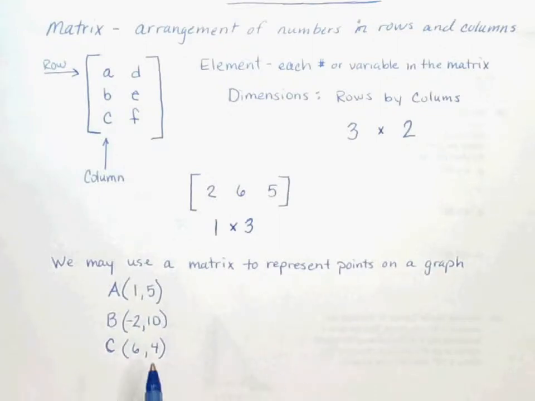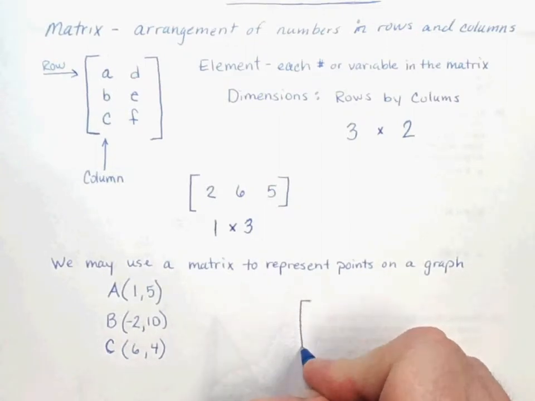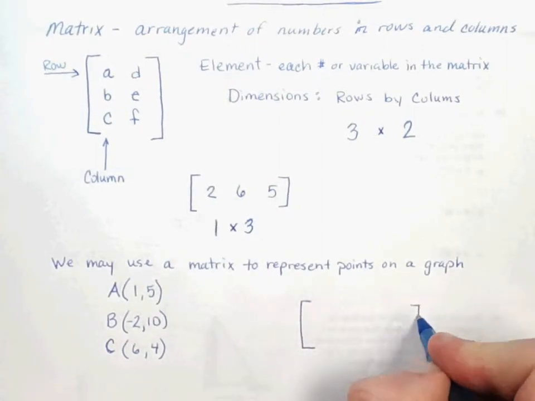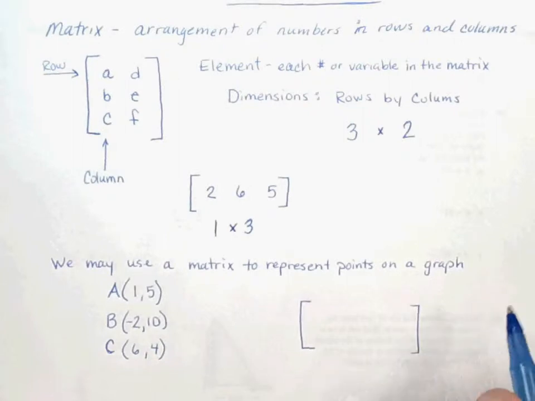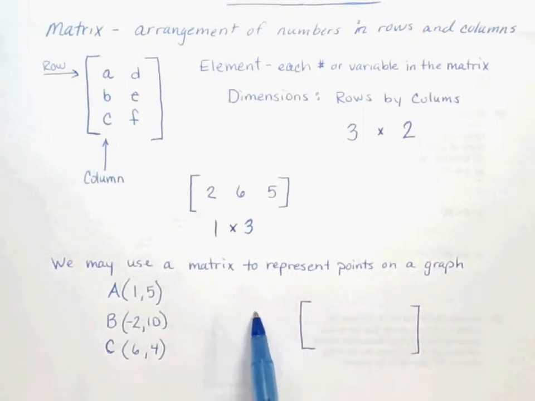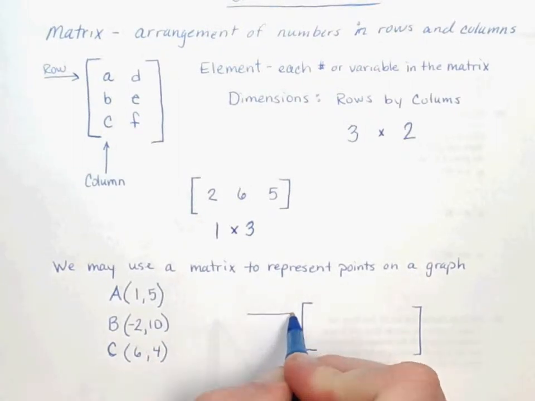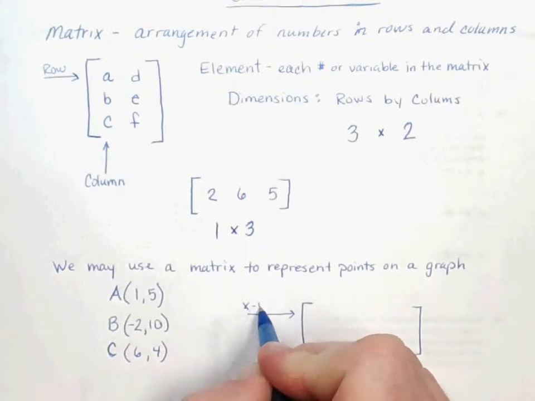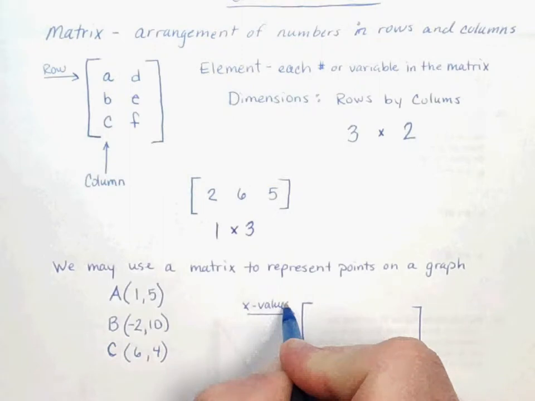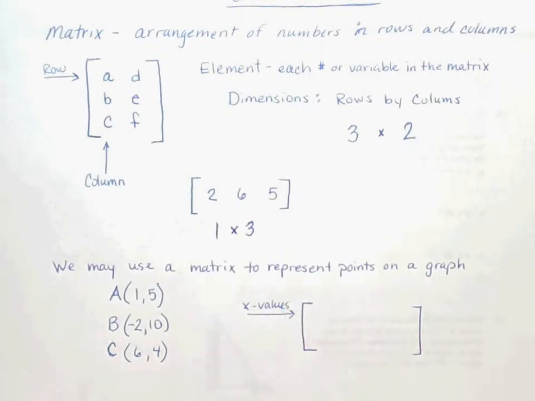So here we go. The way that I could put these into a matrix, I could make myself a matrix here. Here are our brackets. On the top row of my matrix, I could make the x values of each of my points.